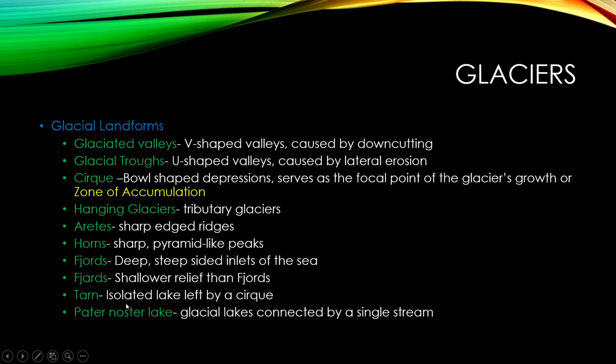Then we have the tarn, which is the isolated lake left by the cirque when the glacier melts, and then the paternoster lakes, which are multiple glacial lakes that were eventually exposed upon the melting of the glacier.